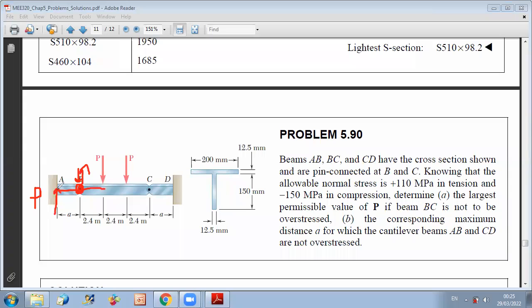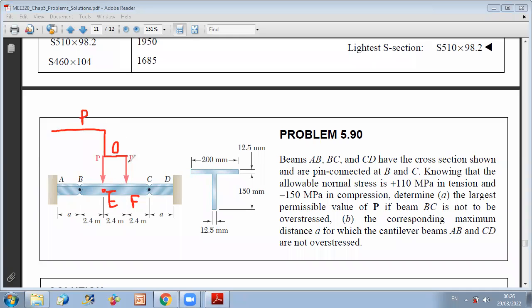So the shear will be constant from A to this point here. If we call this point E, for example, and this is F, then from A to E, shear is equal to P. And at E, you have a downward concentrated force equal to P, so you will go down to 0. Between E and F, no shear. Shear is 0.